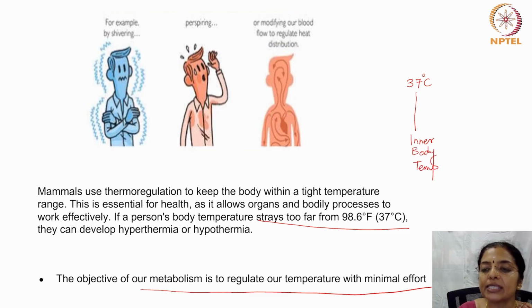What happens when the inner body temperature increases? The body desperately tries to bring down the inner body temperature because it's a question of survival. In the process, a person sweats profusely because sweating releases moisture from the body, causing it to evaporate.